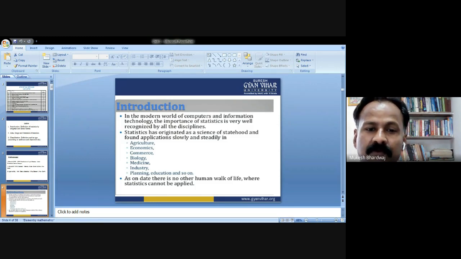So in the modern world of computers and information technology, the importance of statistics is very well recognized by all the disciplines. Statistics has originated as a science of statehood and found application slowly and steadily in the field of agriculture, economics, commerce, biology, medicine, industry, planning, education, and so on.